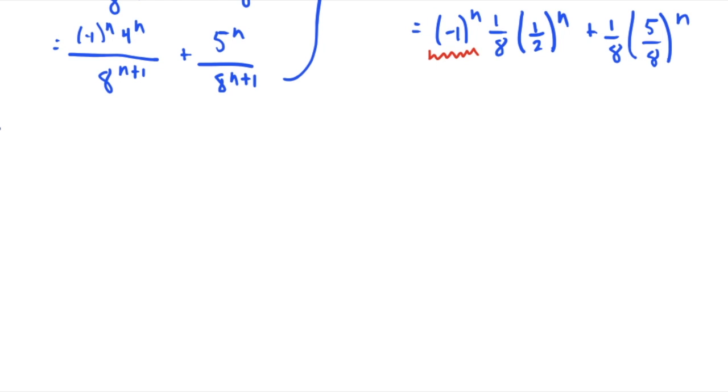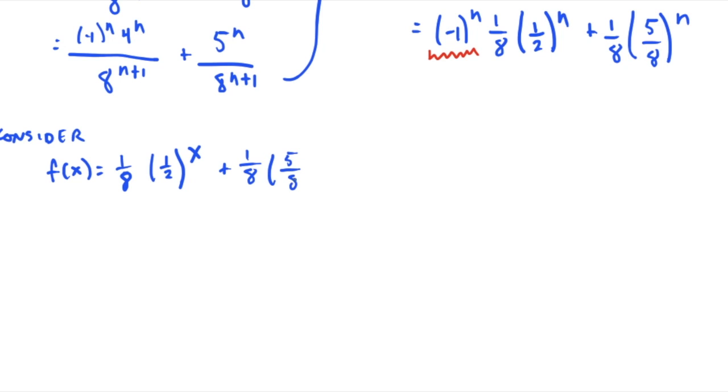So let me jump down here and let me consider the function f of x equals 1/8 times 1/2 to the x plus 1/8 times 5/8 to the x. And now let me try to evaluate the limit of this function as x grows without bound.